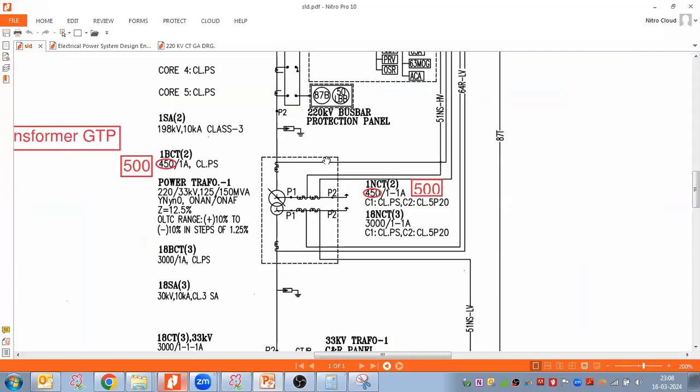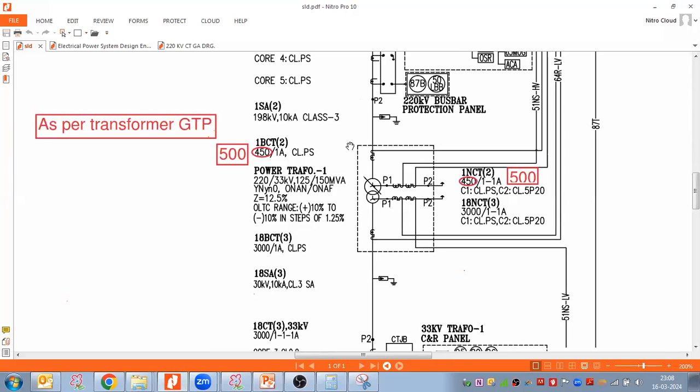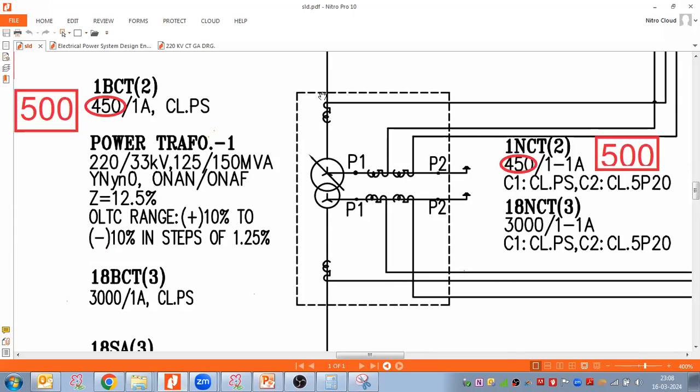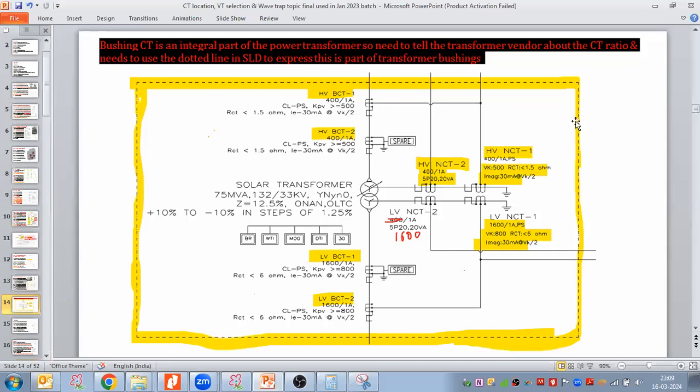When I prepare this SLD and put a dotted line, this dotted line tells that the phase bushing CT, neutral bushing CT and LV phase bushing CT are inside the transformer.